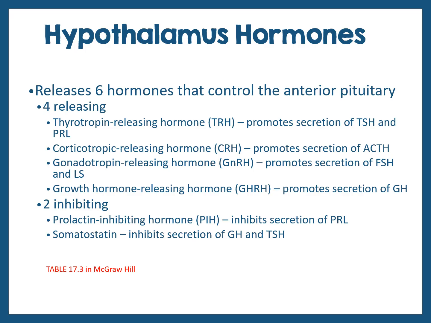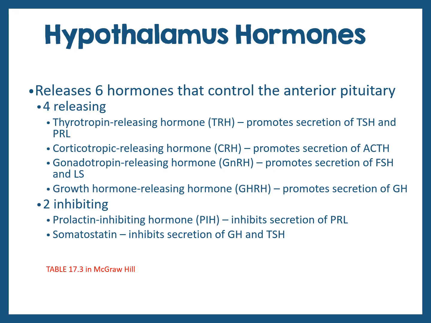Thyrotropin releasing hormone will promote the secretion of thyroid stimulating hormone and prolactin. Corticotropin releasing hormone will promote the secretion of ACTH, or adrenocorticotropic hormone.